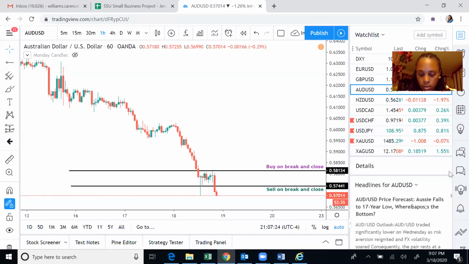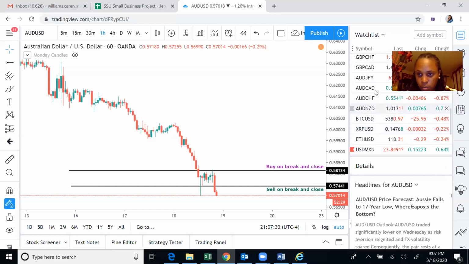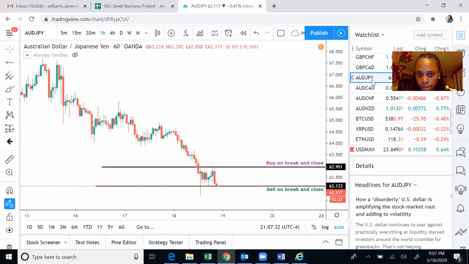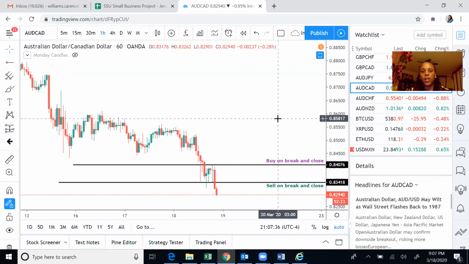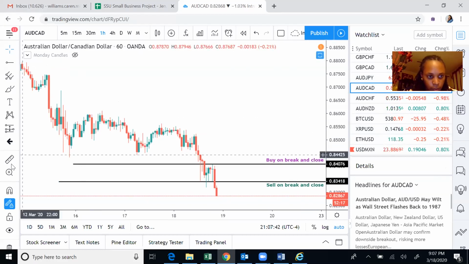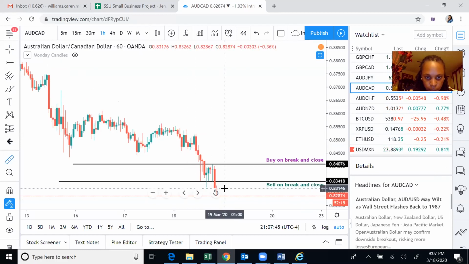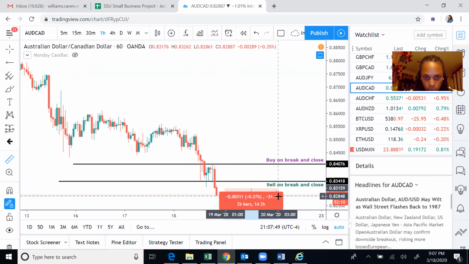Eugene, 17 pips profit as well already. What was the other one? Not AJ, OddCAD. Woo! Look at that, already moving. Probably already hit a 20 pip TP. I don't know if y'all went in as they called it.